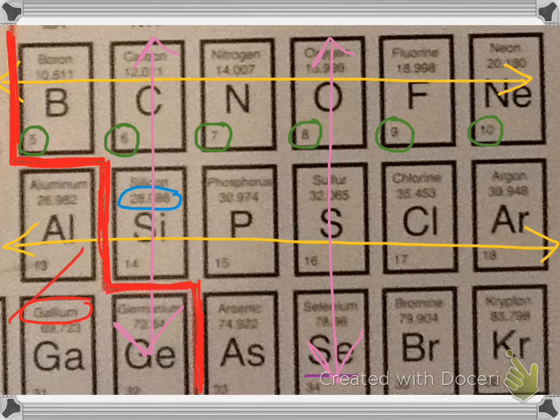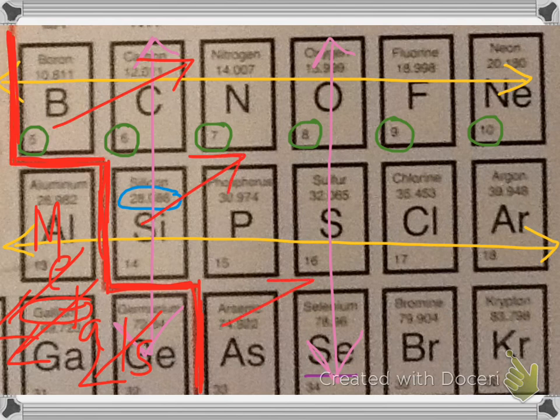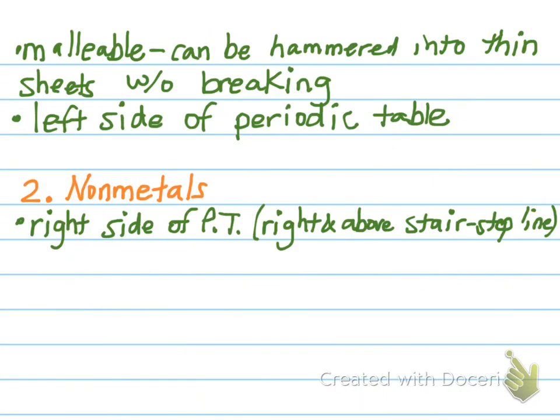This side and below that line, these are metals. Above and to the right of that stair-step line are the nonmetals. So you'll want to find that heavy stair-step line, and if it's not really clear on the copy of the periodic table you're using, you might want to make it a little bit darker and easier to find.